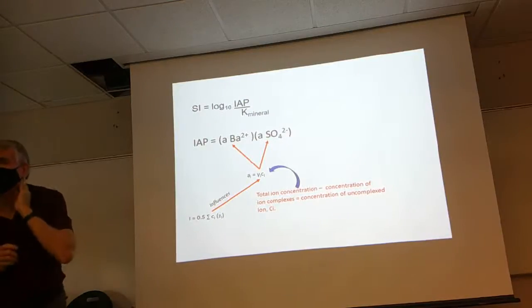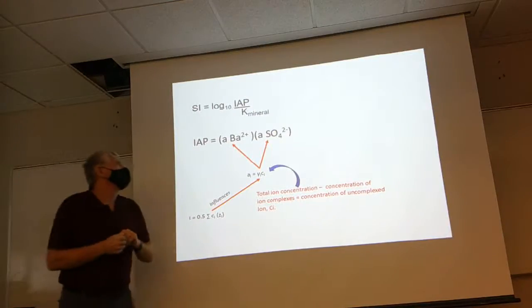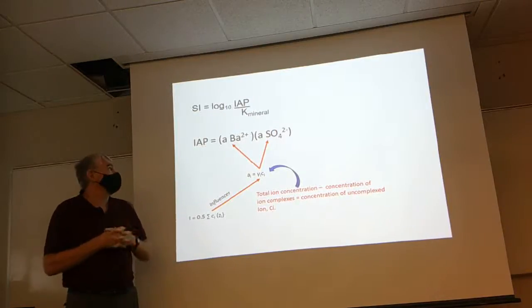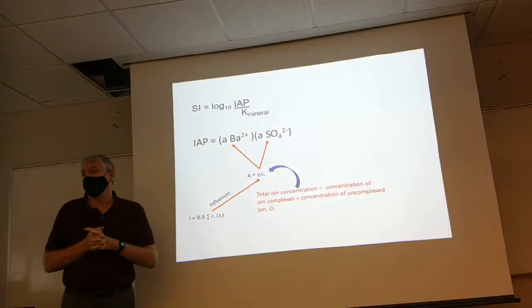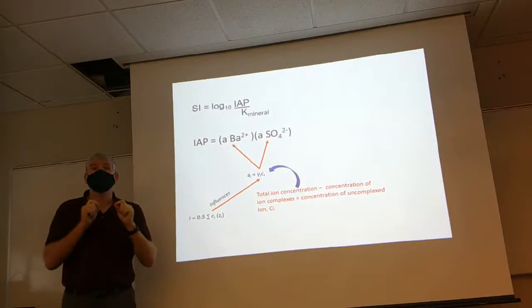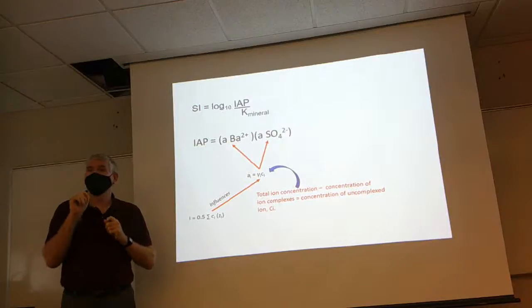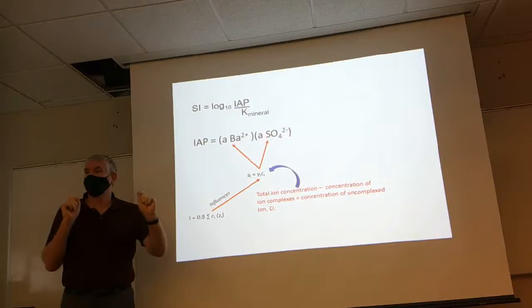It's a constant. So it's the 4.9. Yes, that is our equilibrium constant. And what's that really telling us? That's the amount of calcite that would go into solution under equilibrium, but with a certain type of laboratory conditions.